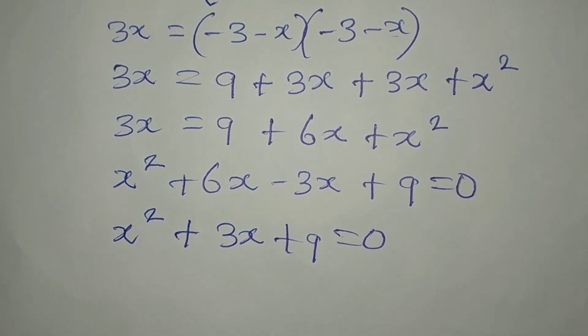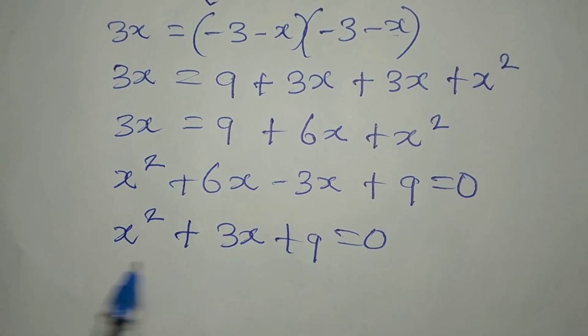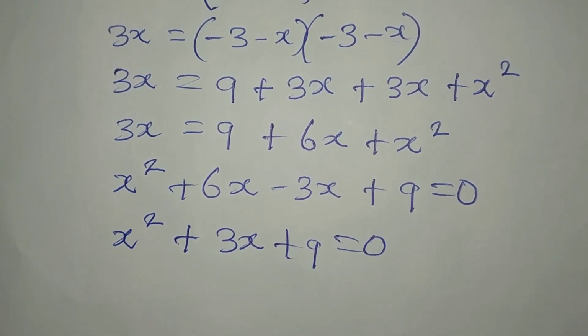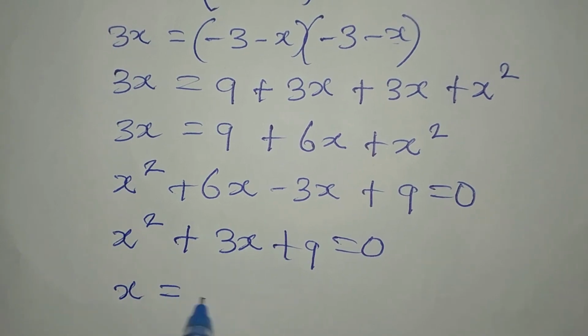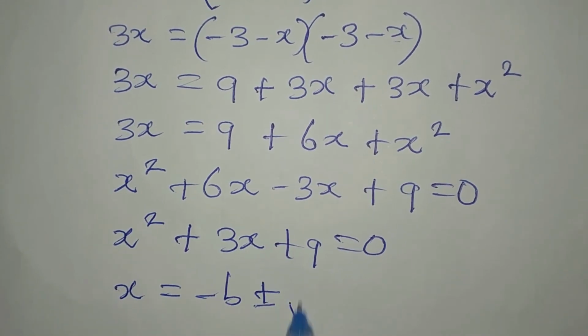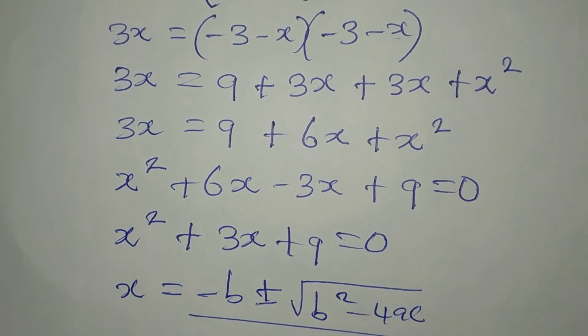Now what happens if we solve this quadratic equation using the formula method? Let's go with the formula. So x is equal to minus b plus or minus square root of b squared minus 4ac all over 2a.